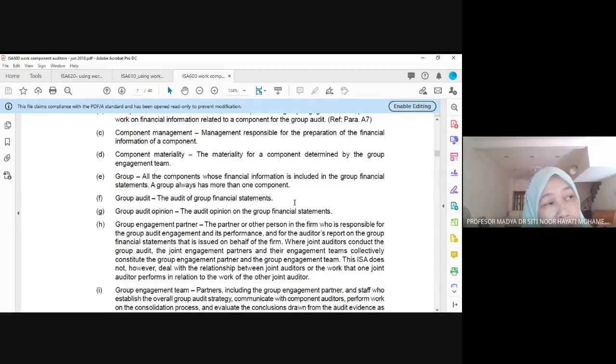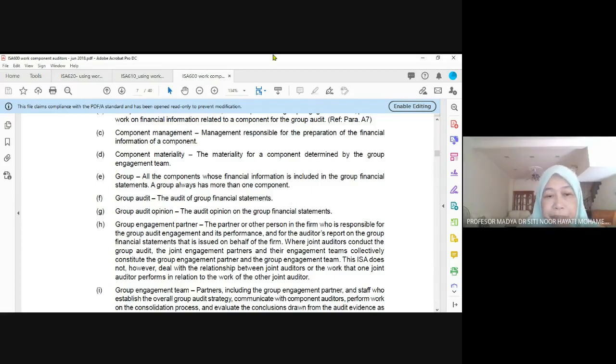Remember, in a group company, we have the individual financial statements, and then we have the consolidated financial statements. So the group audit would be to audit the consolidated financial statements. The individual financial statements would be audited by the component auditor.